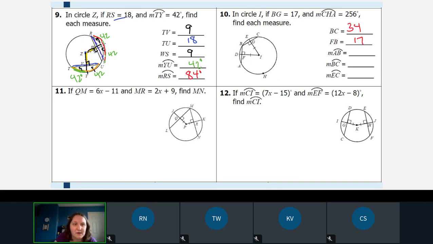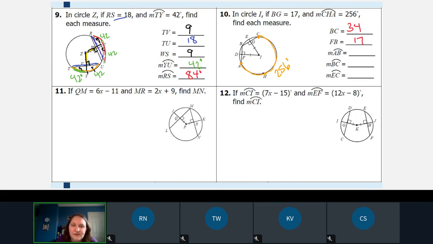Now we can talk about the arcs. Okay. It says that arc CHA, just a little review on how to name an arc. You start at the C, follow the arc, the curvy part, to the next letter, which is H, follow it to the next letter, which is A. So this arc is 256 degrees, that whole piece.